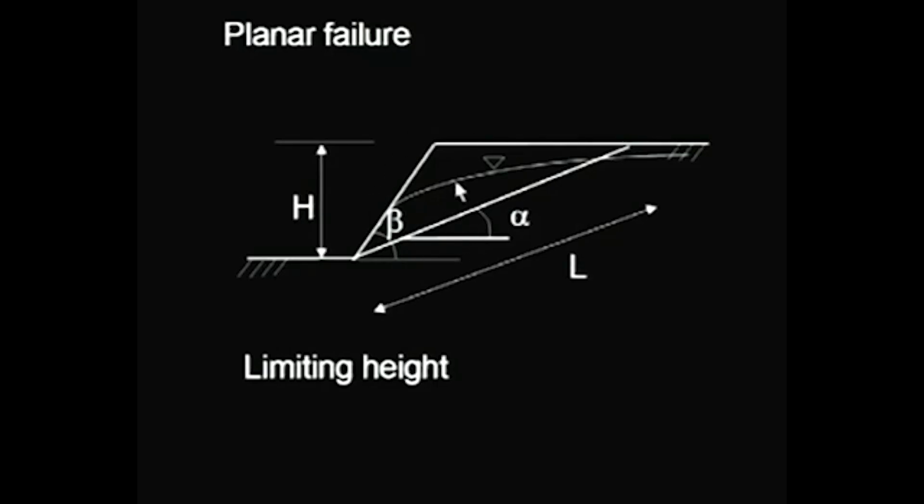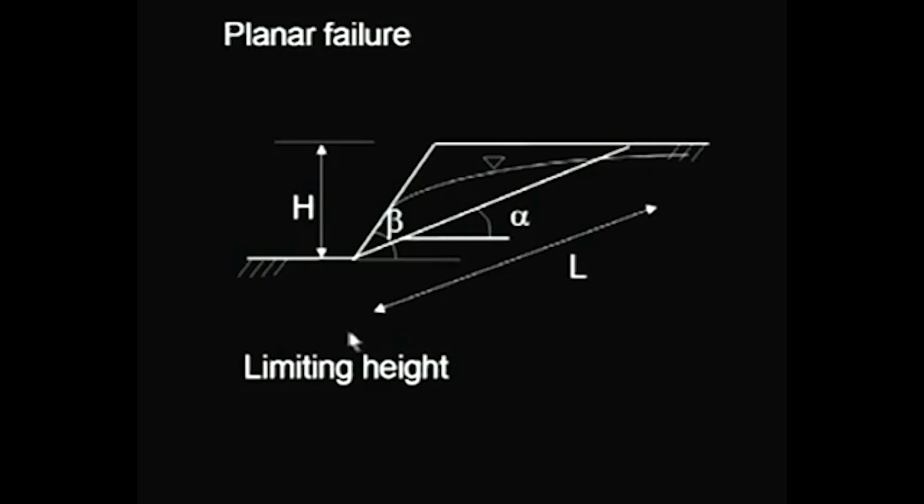The basic principle remains the same. We considered the weight of this wedge, and that weight was resolved into 2 components, the normal component and the tangential component, and then we discussed how to find out the factor of safety.